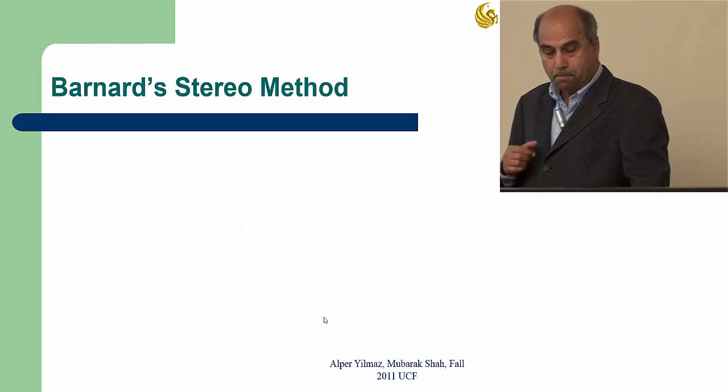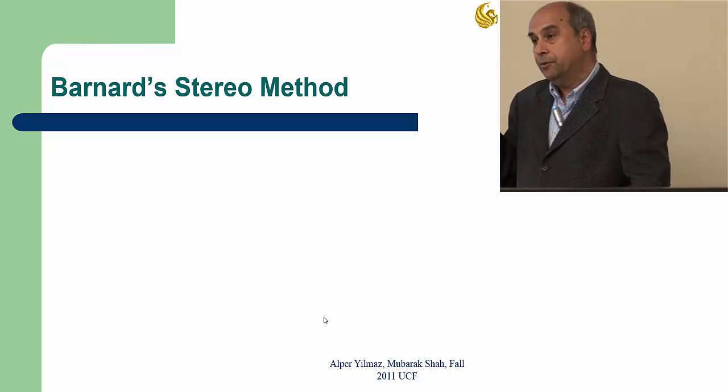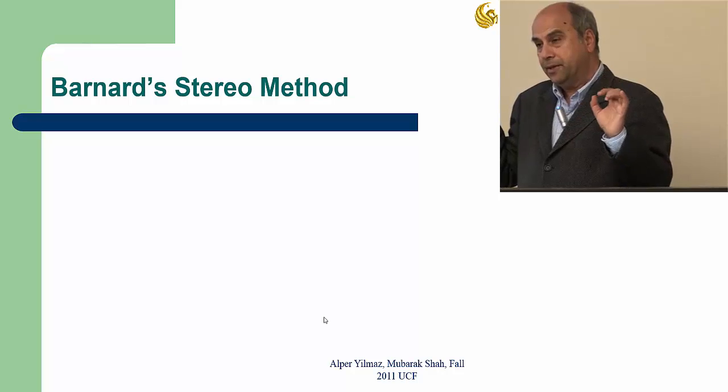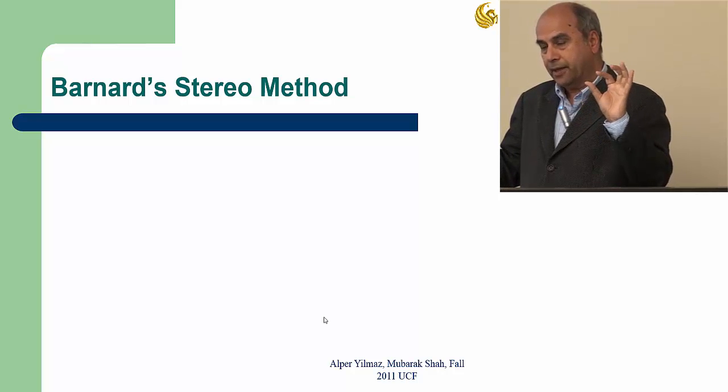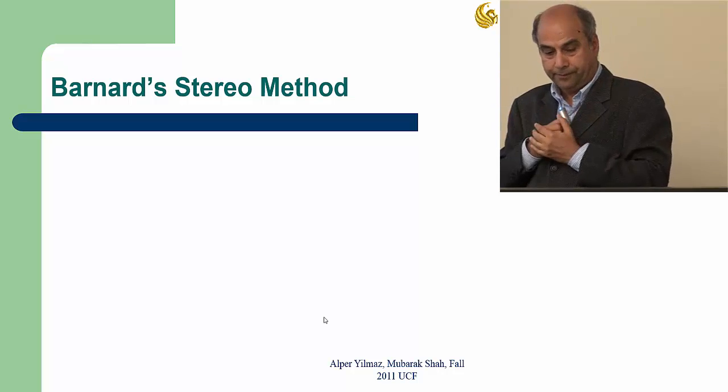So you can basically do stereo like that. Take two images, and assuming they are rectified, you can just take a patch and find the match, and you can find the disparity and a depth map like that.